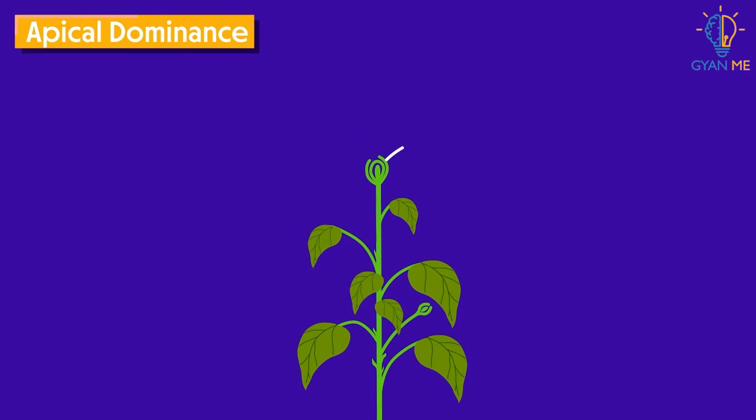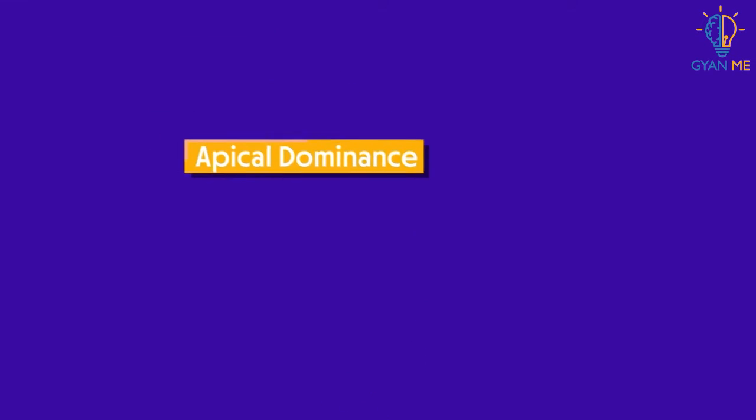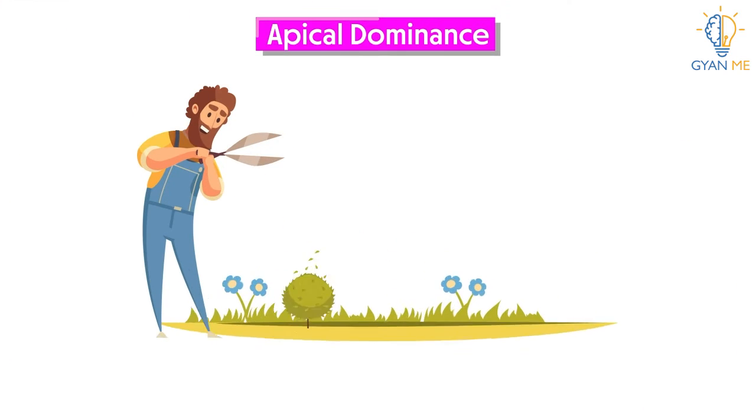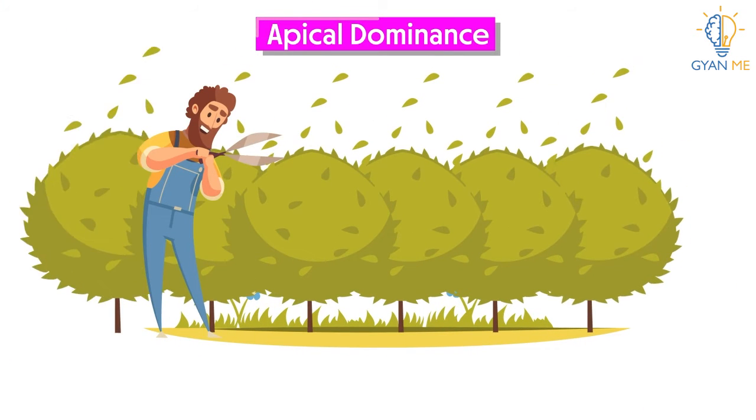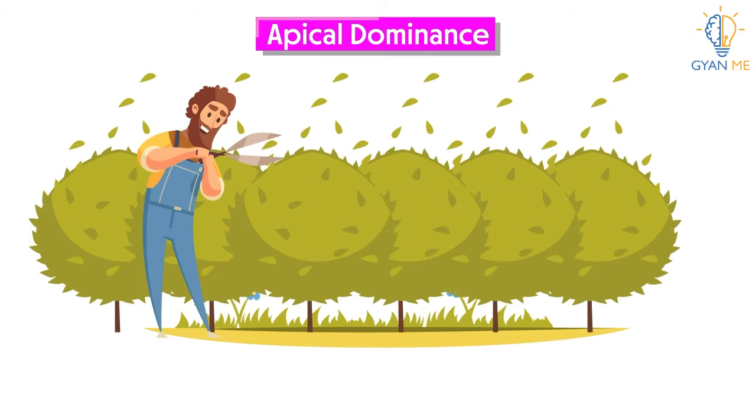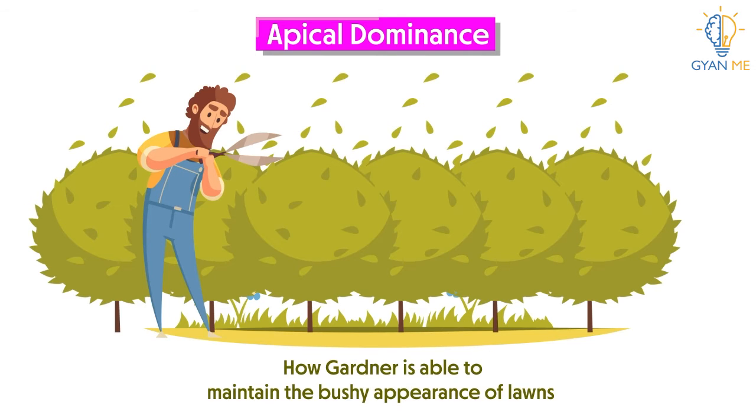Students, the auxin produced by the apical buds suppresses growth of lateral buds. This is called apical dominance, which in turn makes the plant grow vertically in height rather than horizontal branching. This phenomenon of apical dominance is used by gardeners while giving attractive shapes to flowering plants. Can you guess how a gardener is able to maintain the bushy appearance of lawns?